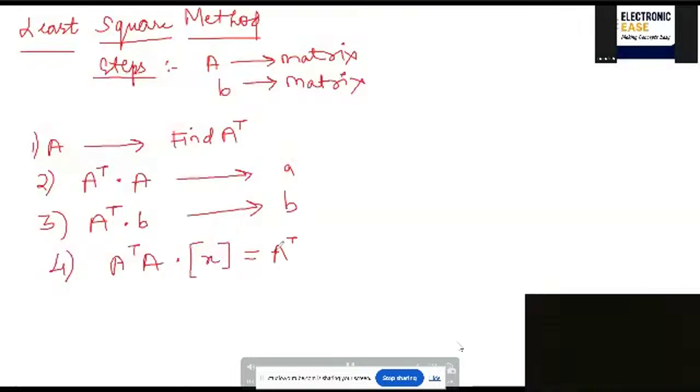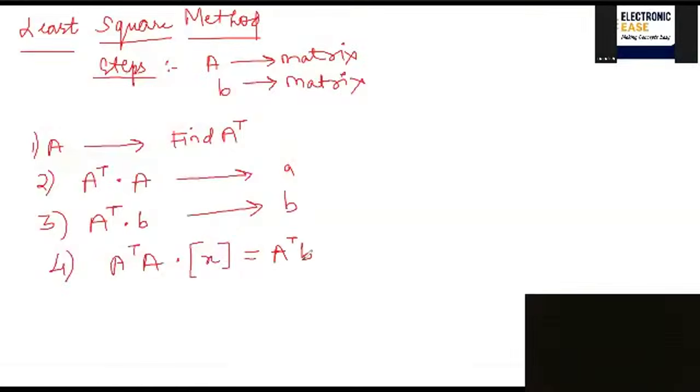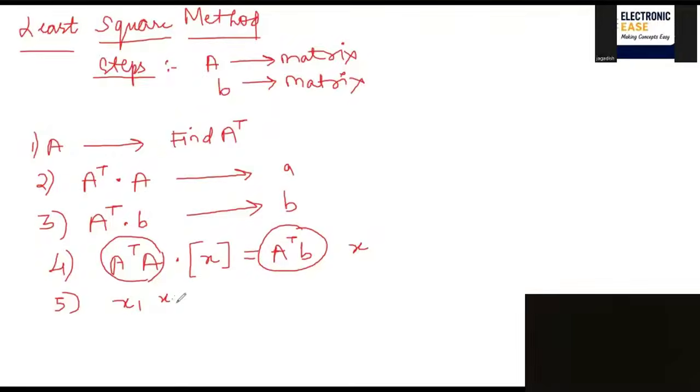So after doing this, you need to find the equations. After multiplying, you will be getting x1 and x2 value. That is called as capital X vector.